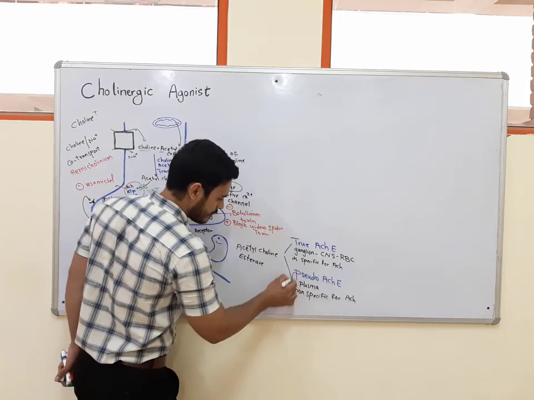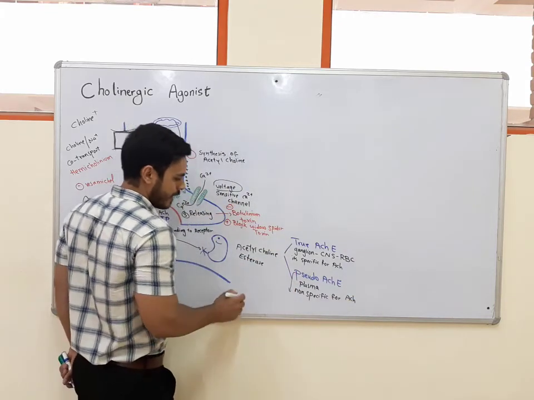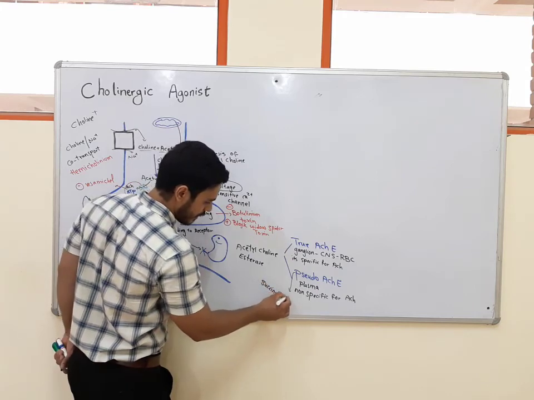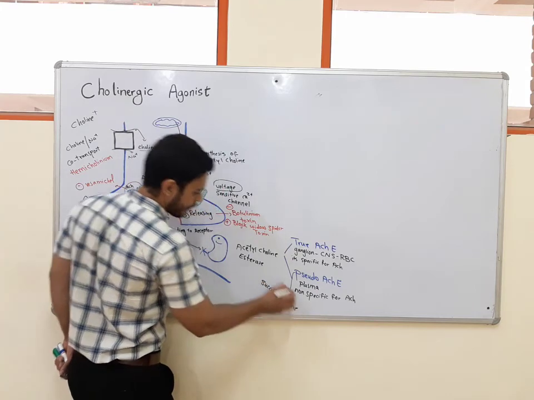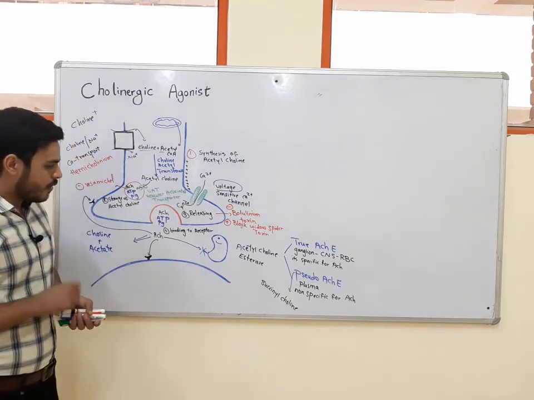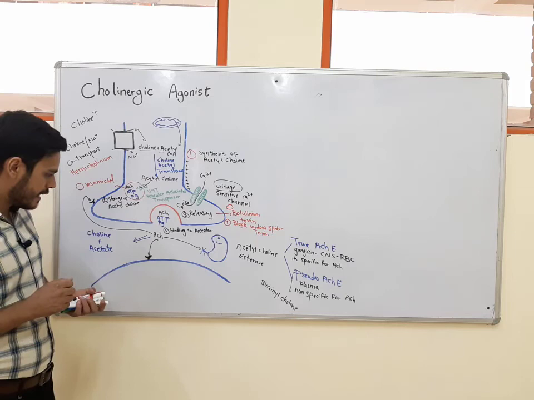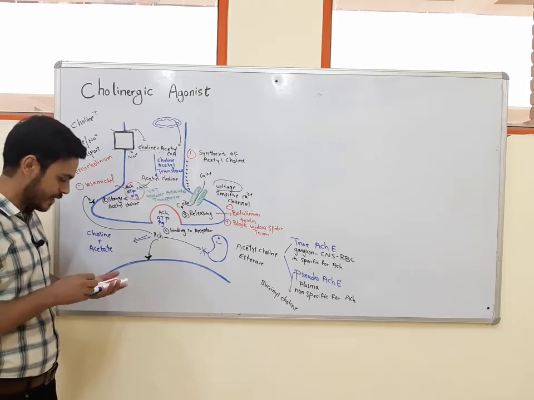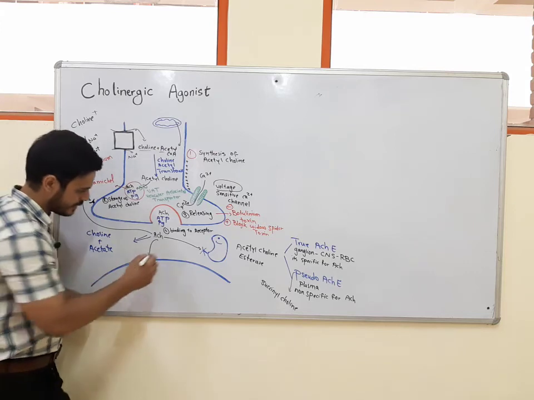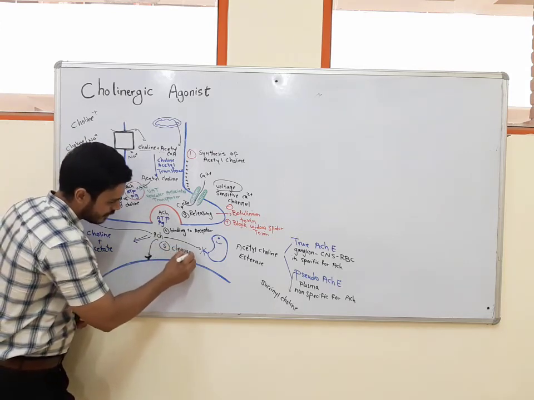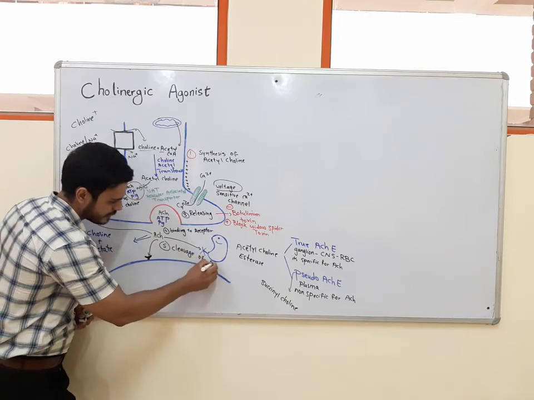This subtype can cleave succinylcholine. It's specific for succinylcholine. Okay, this was the fifth step of neurotransmission. The fifth step is cleavage of acetylcholine.